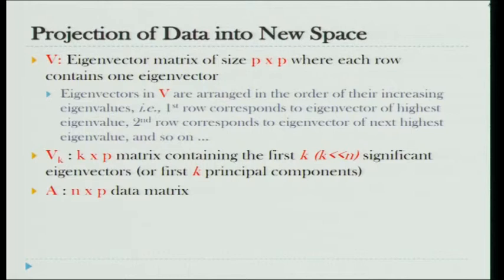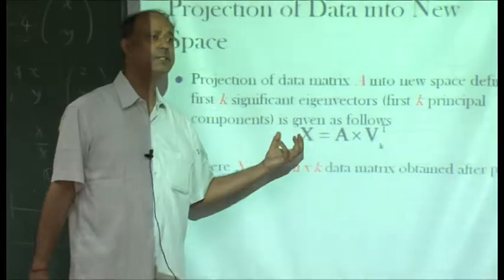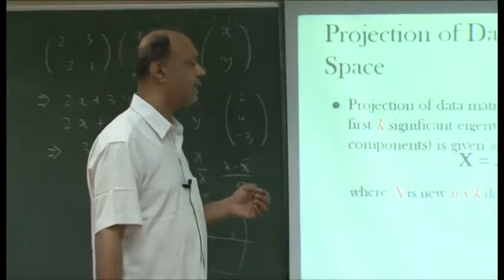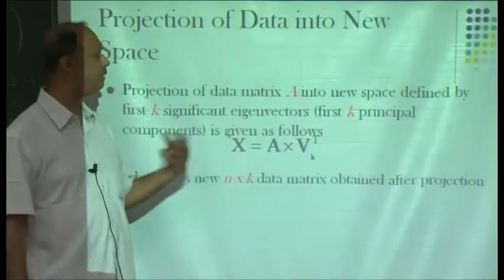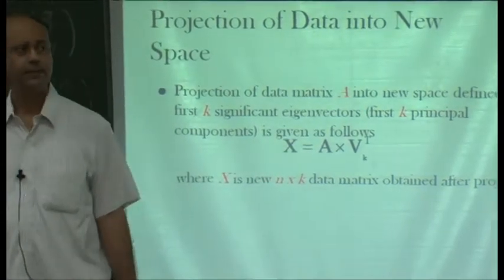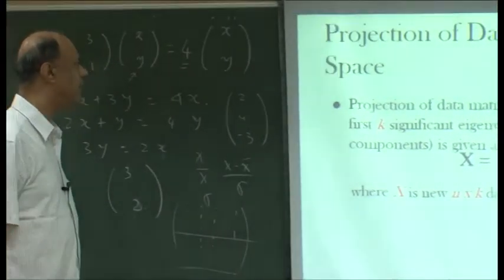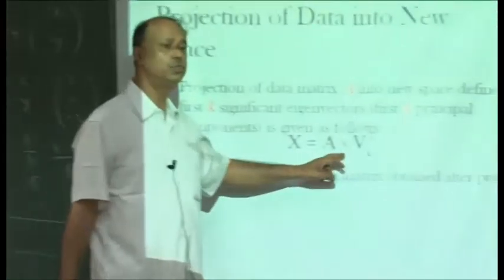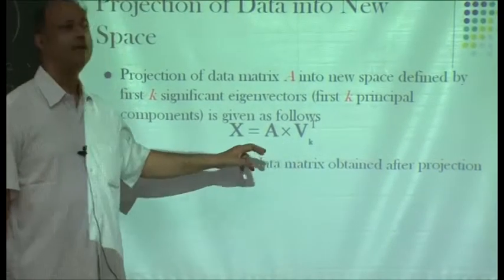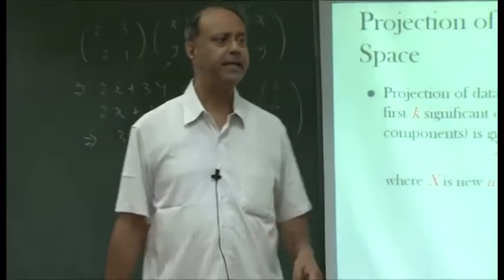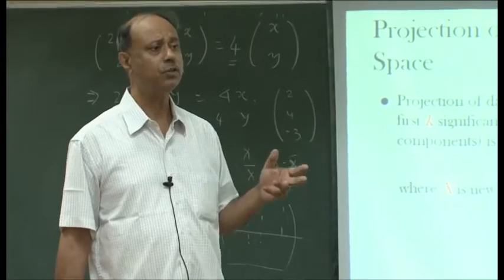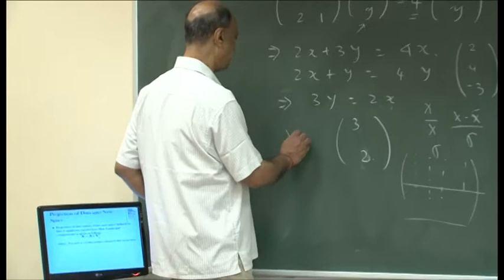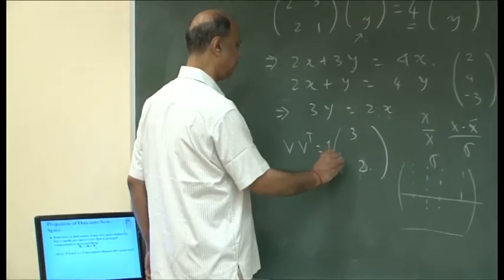Now, suppose I have the projected matrix. I want to see whether I can regenerate or get back my A. So of course you will write X Vk transpose inverse equals A. Vk transpose inverse is also Vk, because of the orthogonality relation.